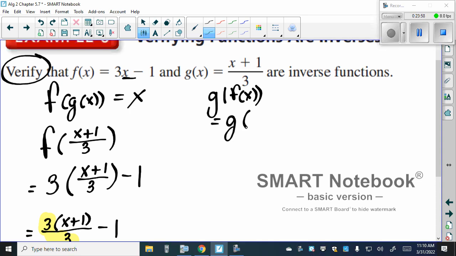Let's look at g of f of x. Well, f of x is 3x minus 1, so we can replace it with its function. And just like we did with f of x, we're going to replace any x in the function g of x with 3x minus 1. So what that would give us is 3x minus 1 plus 1 divided by 3.